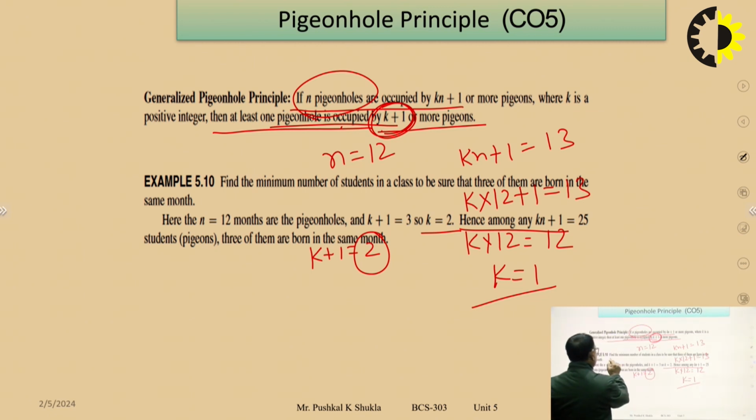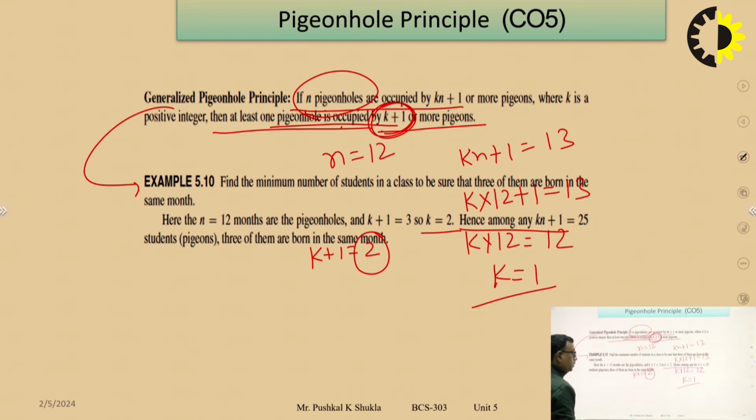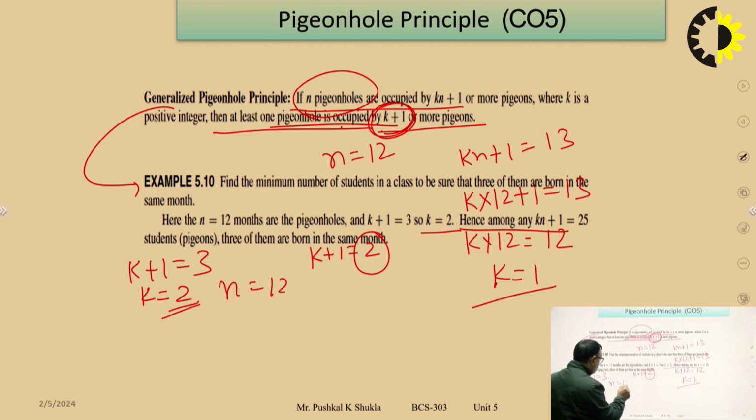Next question, again an application of this. Find the minimum number of students in a class to be sure that 3 of them are born in the same month. Okay, so see this. 3 of them are born in the same month. So 3 means k plus 1 equal to 3, so here k equal to 2, and pigeonholes are n equal to 12.